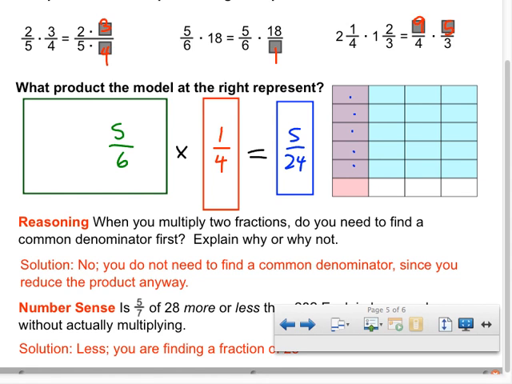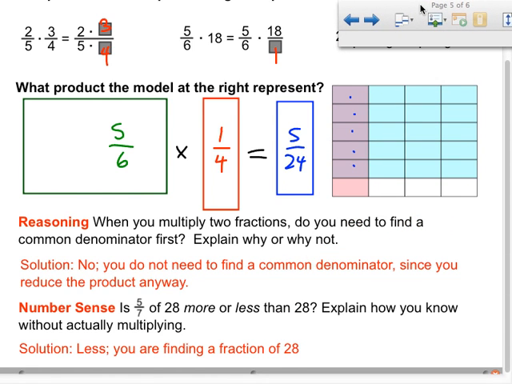So I'm just going to go ahead and read to you. When you multiply two fractions, do you need to find a common denominator first? No. Now, in order to multiply, sometimes you can't just start multiplying. What are the special cases where you have to fix it? Can somebody tell me the first one we saw today? Jayla. So if there's a whole number, what do we do to fix it?